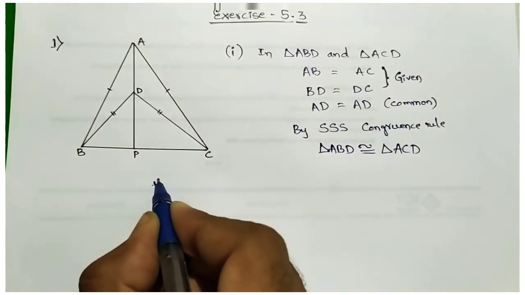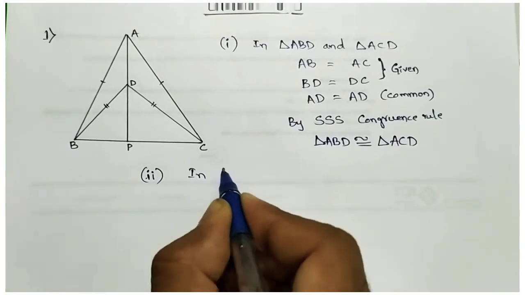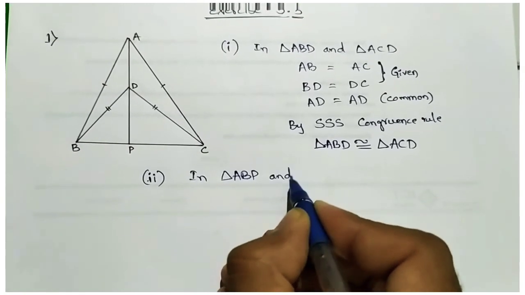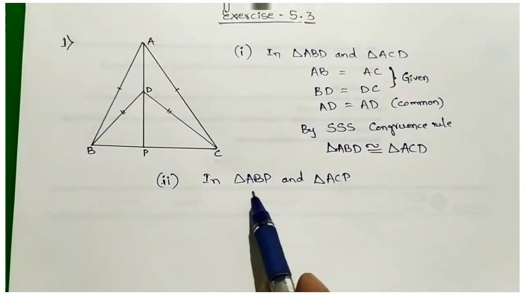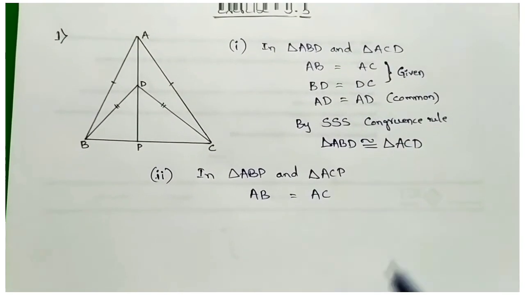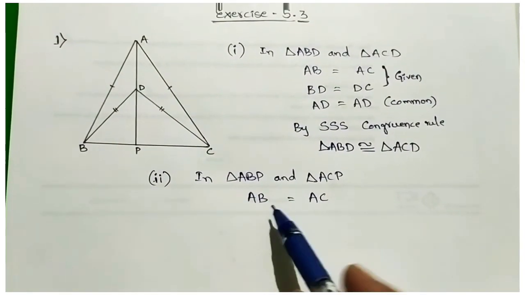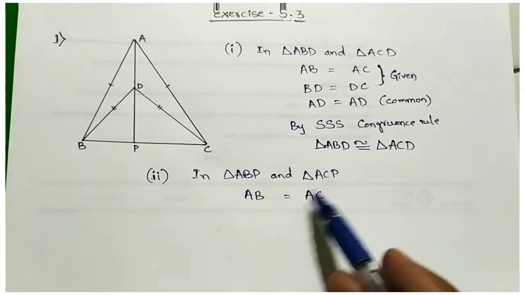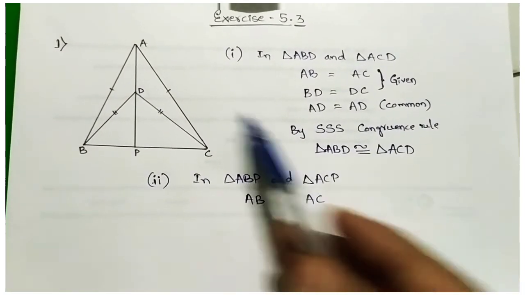Next, in the second, what we need is triangle ABP is congruent to triangle ACP. So check the congruence rules here. In ABP and ACP, again AB equal to AC, one side we got. Another thing, AP is common. Another thing, above we proved ABD is congruent to ACD.